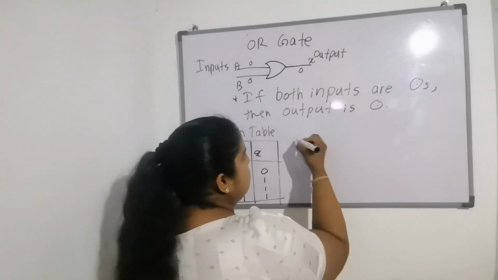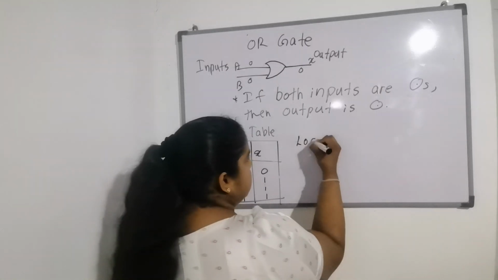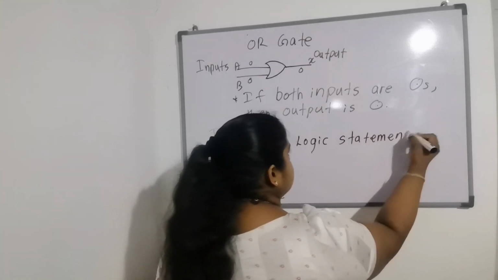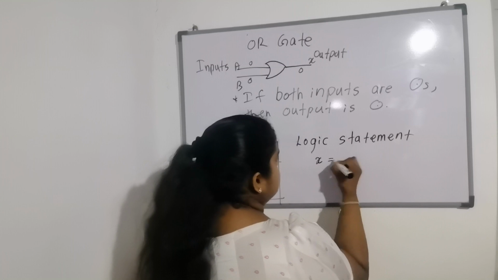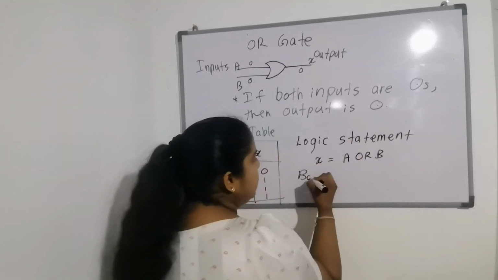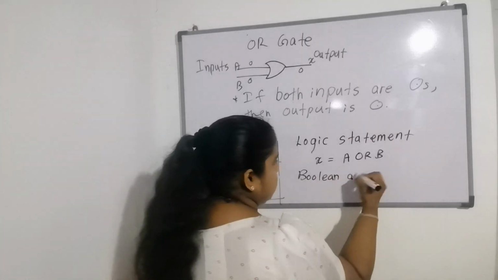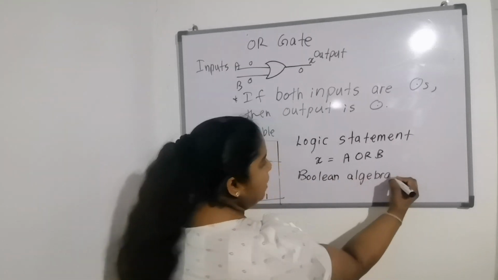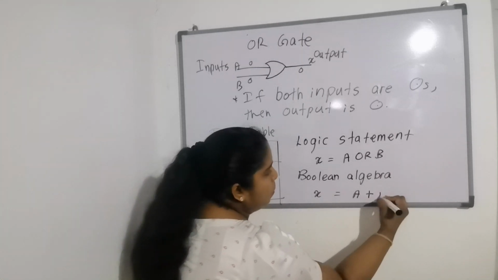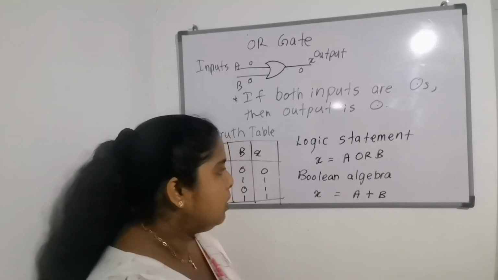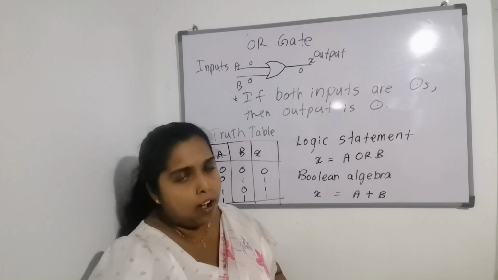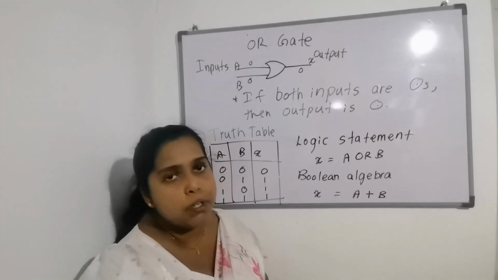So how can we write the logic statement? The logic statement we can write: X equals A OR B. Then Boolean algebra we can write like X equals A OR B. Then actually the opposite of this OR gate is the NOR gate, N-O-R, known as NOT OR gate.